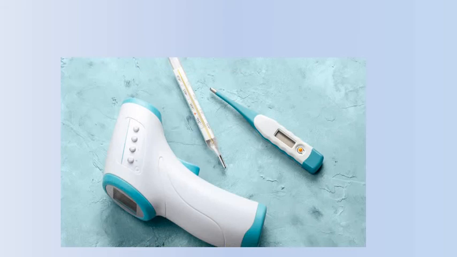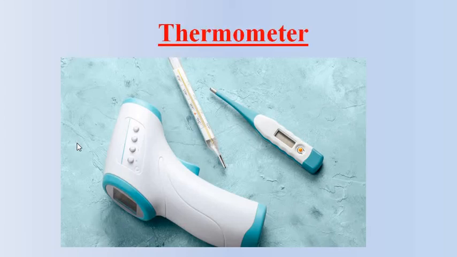Now, the next image is, I know you all know about that, right? You all know the answer. Which image is this? This image is thermometer, right? What is the use of thermometer? A thermometer is a device that measures temperature or a temperature gradient.